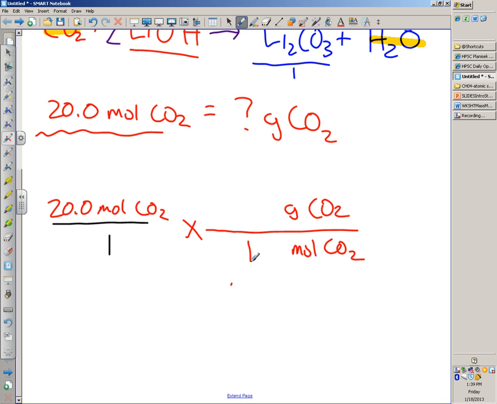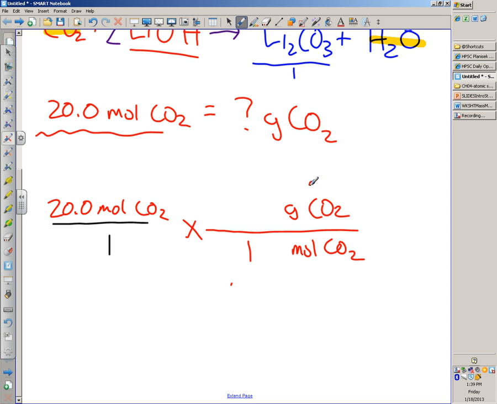Well, 1 carbon and 2 oxygens. So here's what you're going to do. You're going to go to the periodic table and look up carbon's average atomic mass. 12.01. Then you're going to find oxygen's average atomic mass. 16, except how many oxygens are in this formula? 2. Oh, wait, 32.